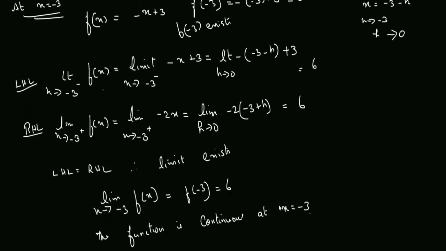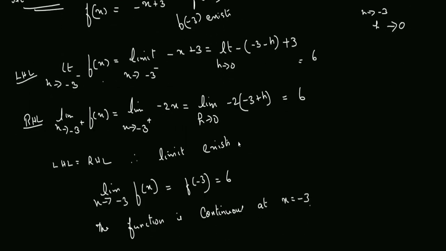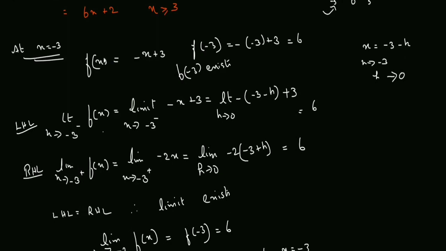So left hand limit is equal to right hand limit, therefore the limit exists. And also the limit value at minus 3 is equal to the function value, that is f of minus 3 is also equal to 6. The left hand limit and right hand limit both are equal to 6.